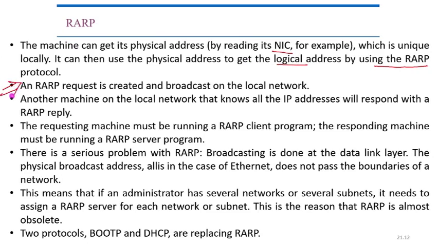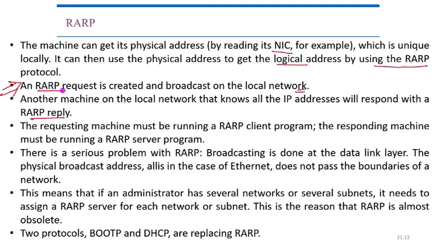The steps to obtain the logical address are these. Step 1: an RARP request is created and broadcast on the local network. Another machine on the local network that knows all the IP addresses will respond with the RARP reply.